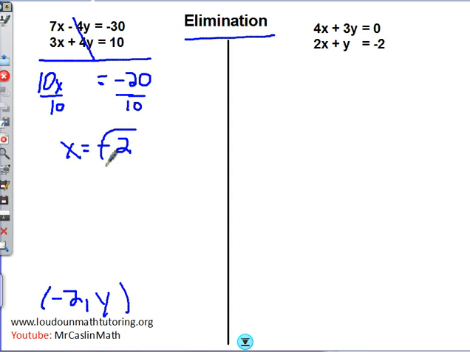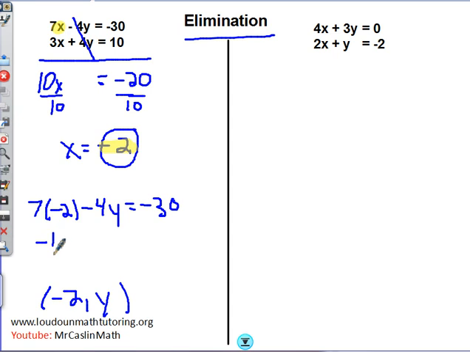So just substitute this back into either of the two equations. I'm going to take negative 2 and plug it into the first one. So we get 7 times negative 2 minus 4y is equal to negative 30. Now we have one equation with one variable, so we should be able to figure out what that variable is equal to.